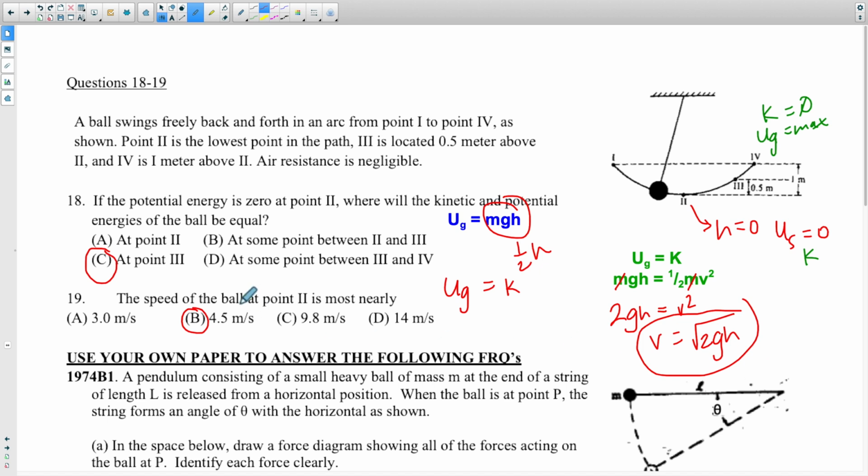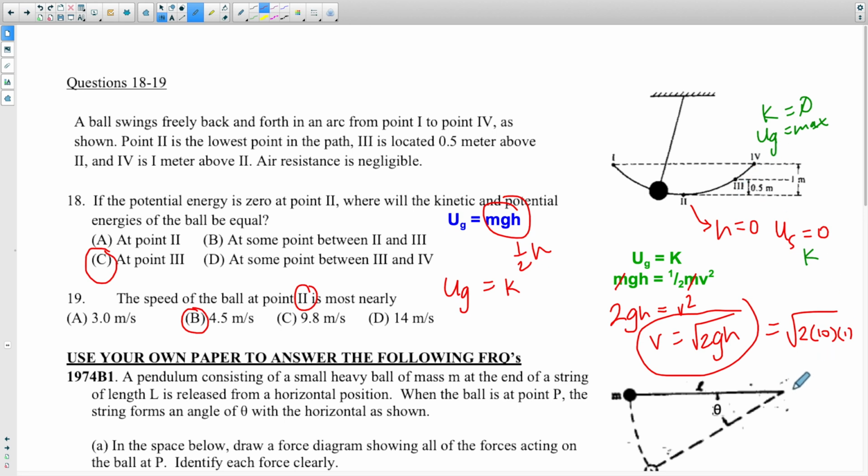Okay, well now we need to actually do some math. What does it have for us? Well, let's just plug this in. We know gravity is 10. We know the height at point 2 is the max point. So we're going to plug in a 1 because that was the max height that it reached was 1.